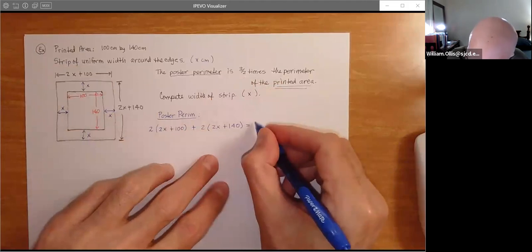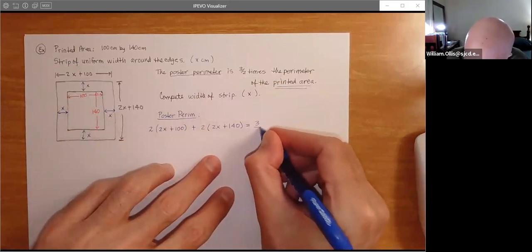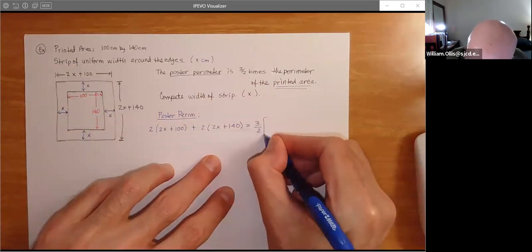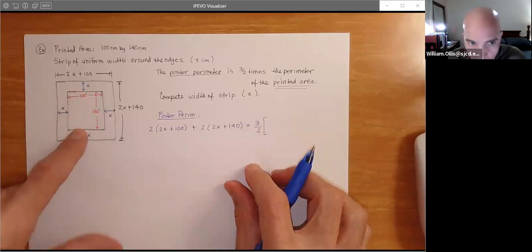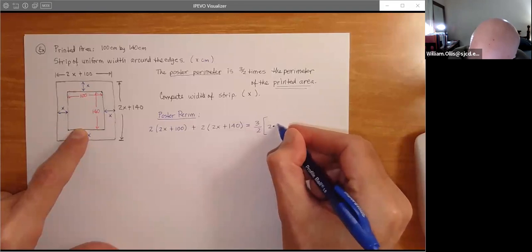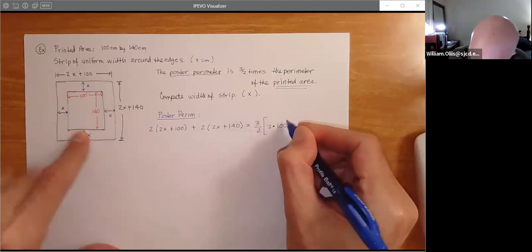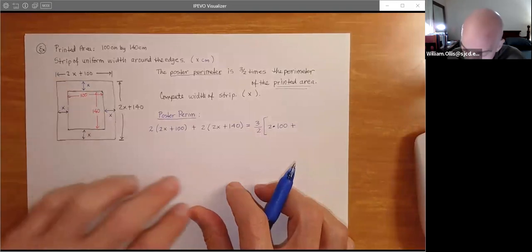So we'll have 3/2, and now do the printed area. We'll have 2 copies of the 100 times 100, and we'll have 2 copies of the 140.